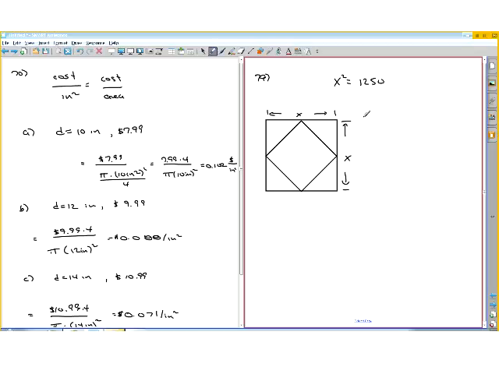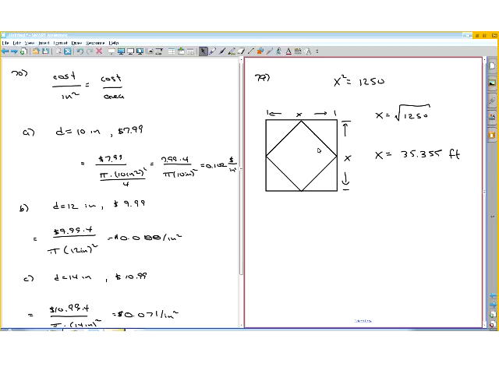So you take the square root of 1250, take the positive version. So I get x is equal to 1250 to the 0.5 power, which is 35.355 feet.